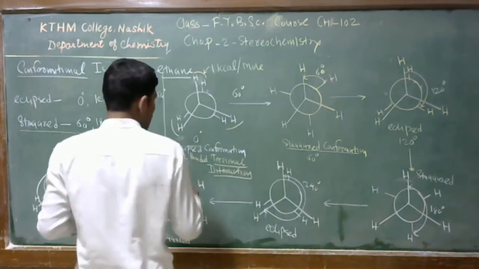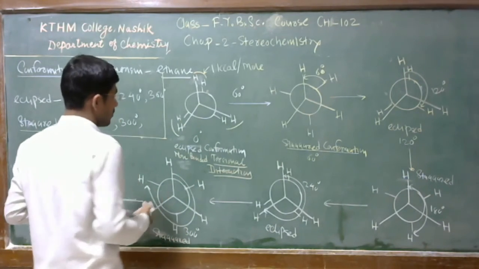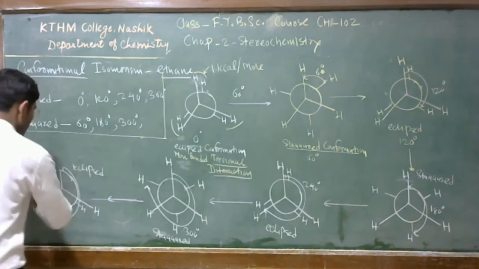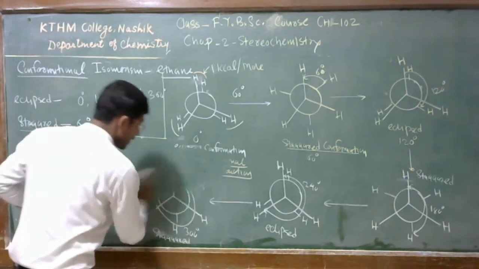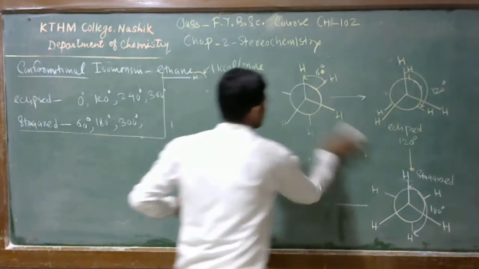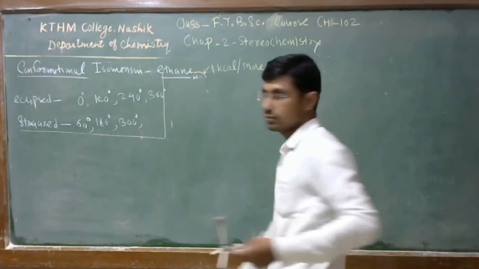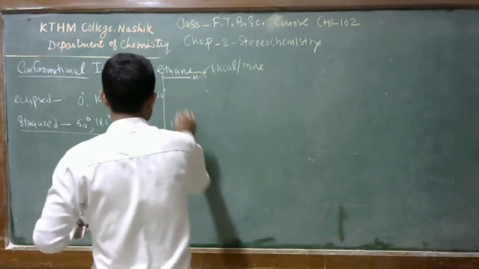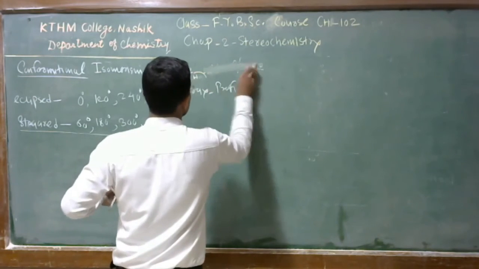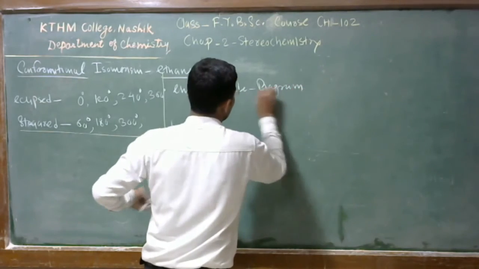So this is about the staggered and eclipse conformations. From these conformational isomers, by rotation through angle 0 to 360, we can draw the potential energy diagram. So the energy profile diagram we are going to consider.